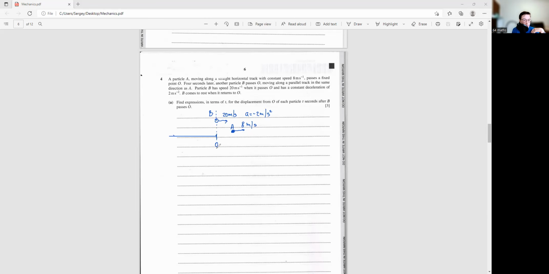Okay, so when particle B was at the point O, A has already moved further away, and because it's moving with the constant velocity, the distance it traveled would be 8 times 4. So speed times time, which is 32.